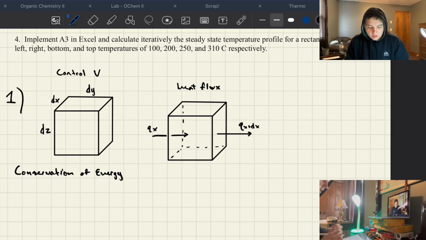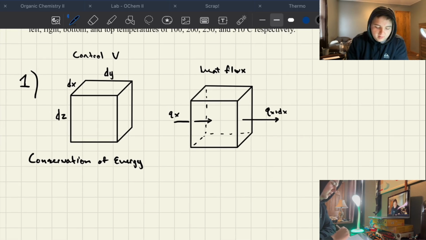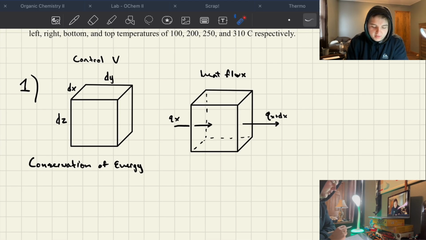On this cube here we have our control volumes of dz, dx, and dy. And over here I just drew one heat flux.